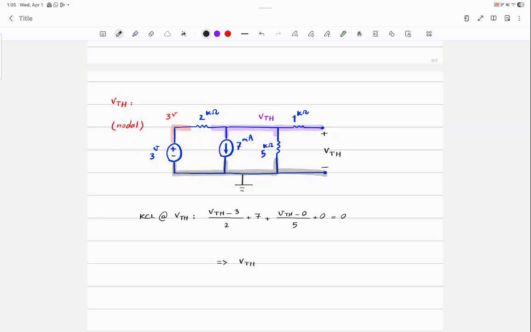And VTH is equal to negative 7.86 volts. One equation, one unknown. Any problem?